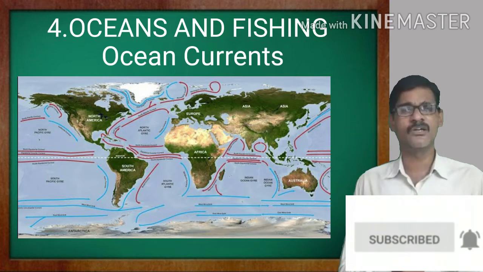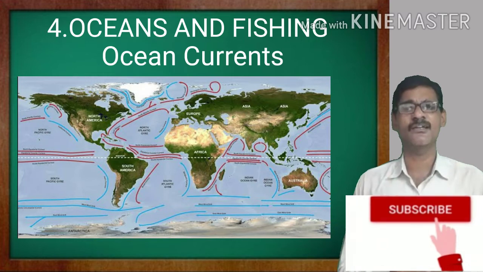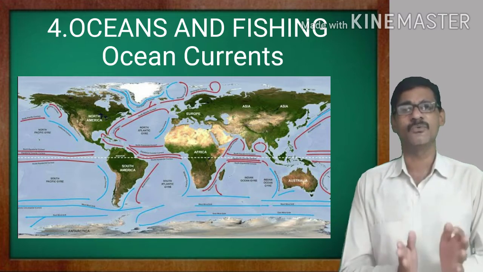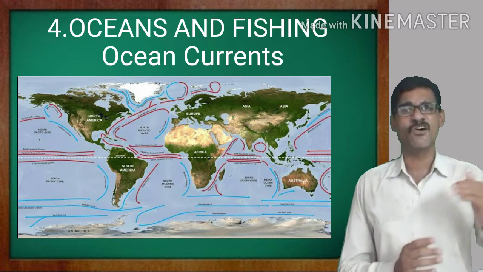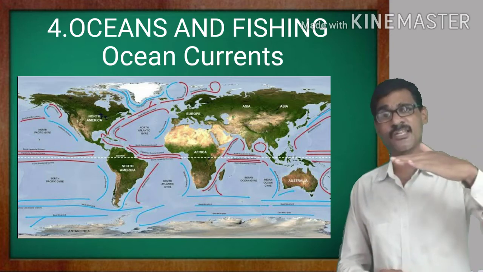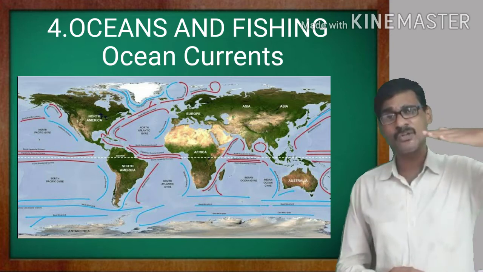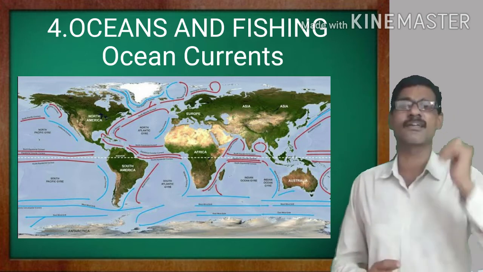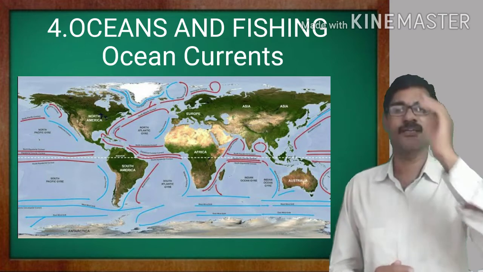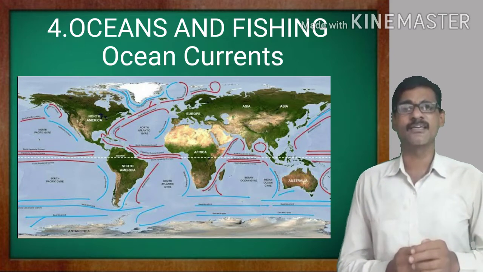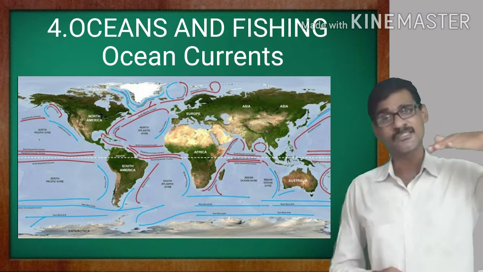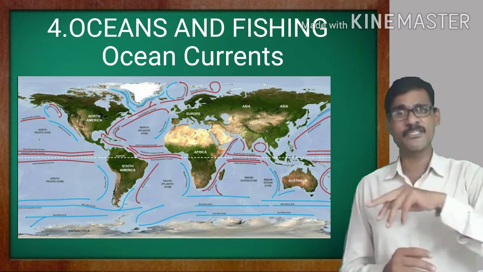Due to changes in temperature and salinity and due to the winds, the water in the oceans moves from one place to another in a particular direction throughout the year. They are called ocean currents. They are moving like big streams. On the oceans also there are streams, moving from one place to another.